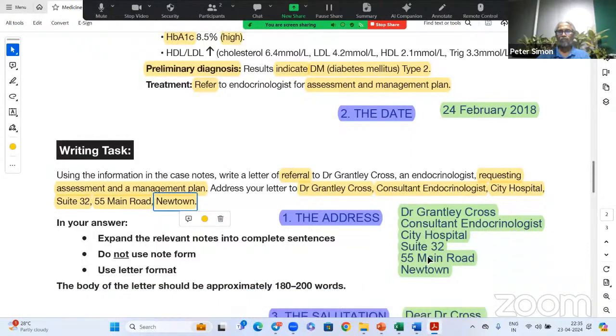So like this: Dr. Grantley Cross, consultant endocrinologist, City Hospital, Suite 32, 55 Main Road, Newtown. No problem, one line extra, it doesn't matter.